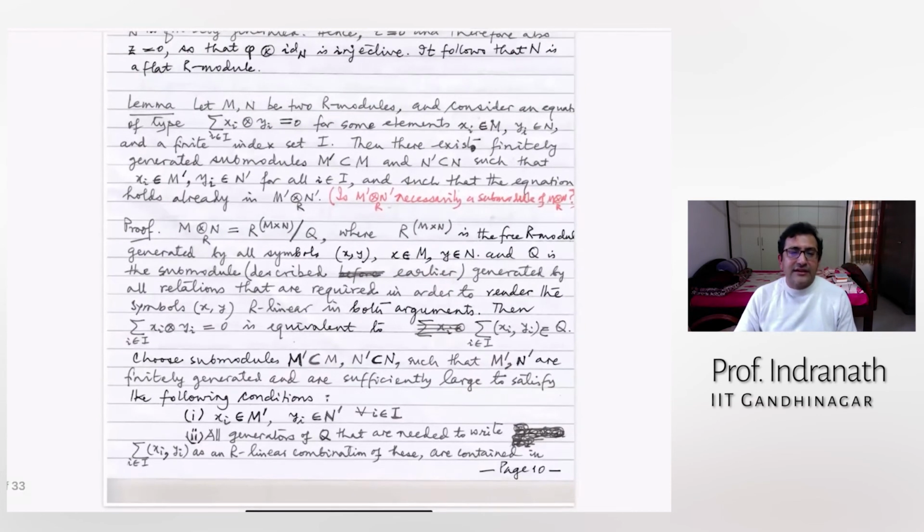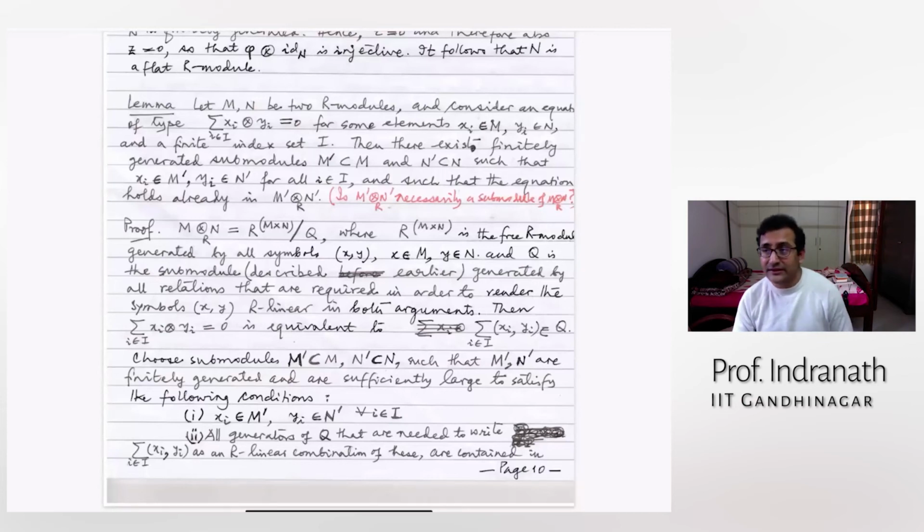So the discussion, if you see here, we have used the construction of tensor product to prove it. So the question was, is it necessary to use the construction of the tensor product? Fine. So basically, for this zero condition on the element, you can replace M tensor N by M dash tensor N dash such that M dash and N dash are finitely generated.